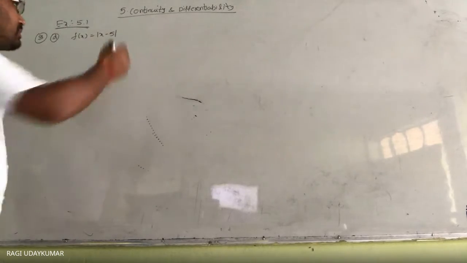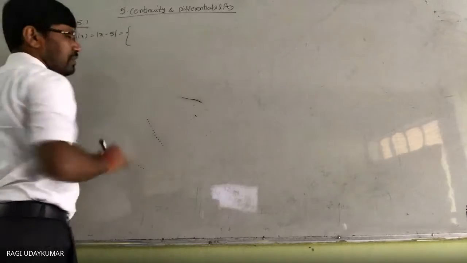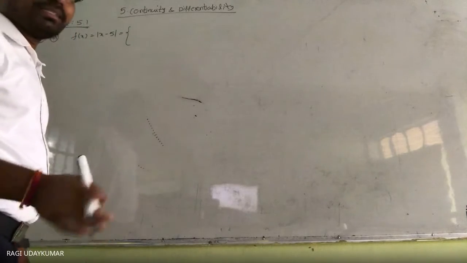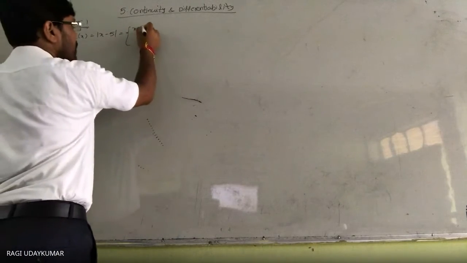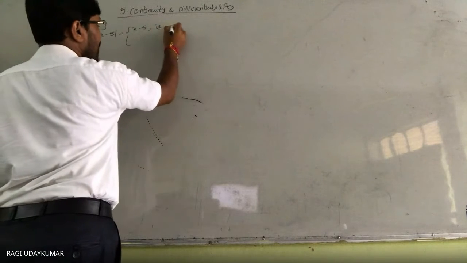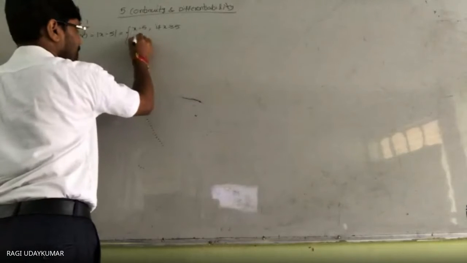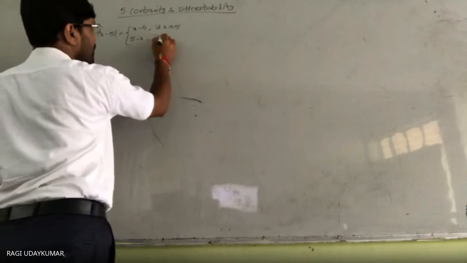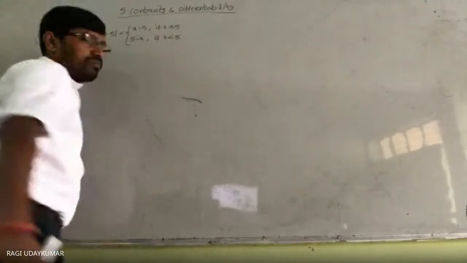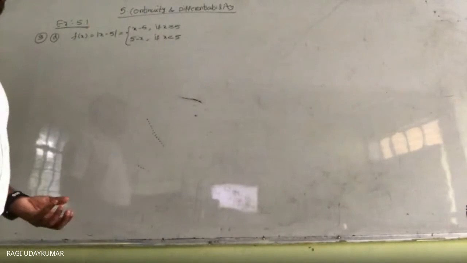This function can be written as x minus 5 as it is, if x is greater than or equal to 5, and 5 minus x if x is less than 5. The modulus function definition is itself like this.